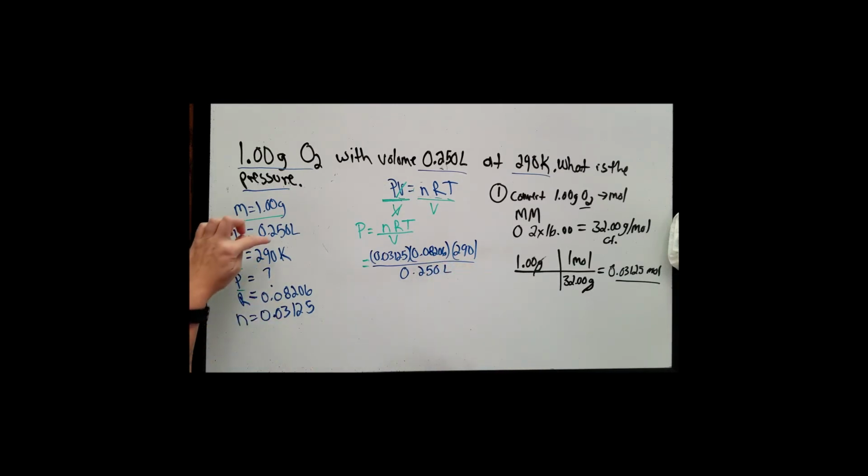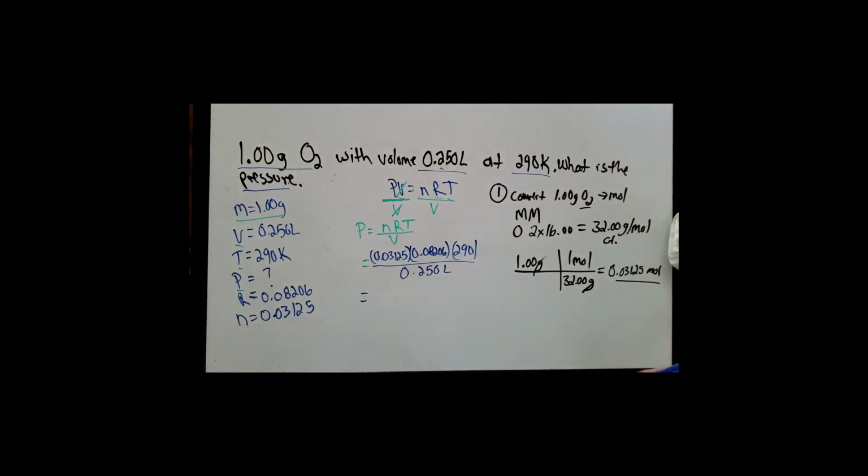Now I want to take note here that I need to have liters for this problem. So the ideal gas volume has to be in liters, temperature has to be in Kelvin. Okay, so just be aware of that. They already were, so I didn't need to do any conversions. All right, so take my molar amount times my R value, times 290, divided by 0.25.